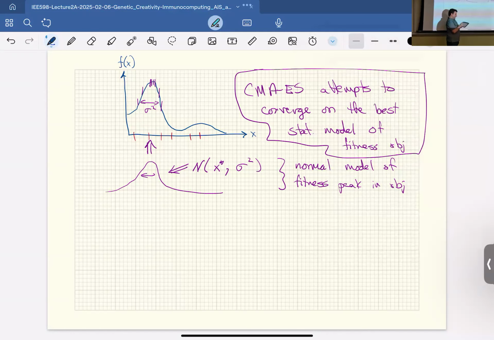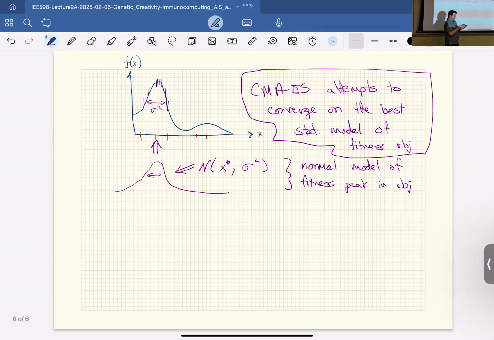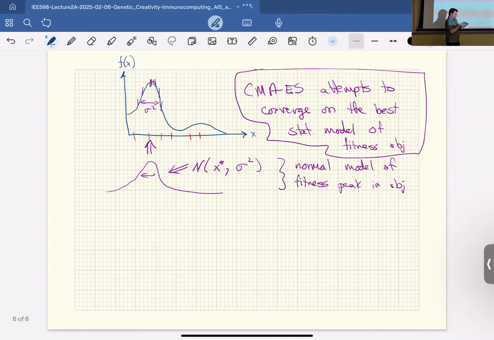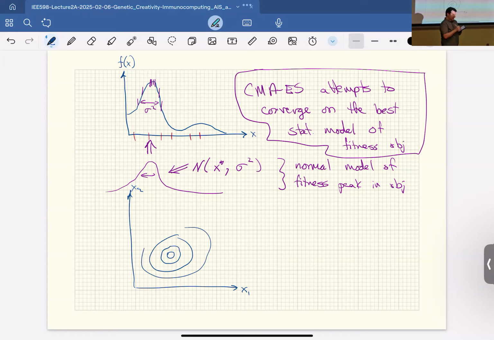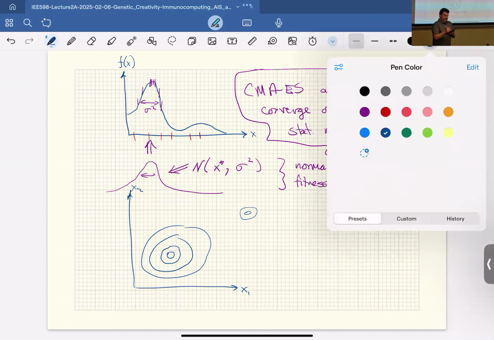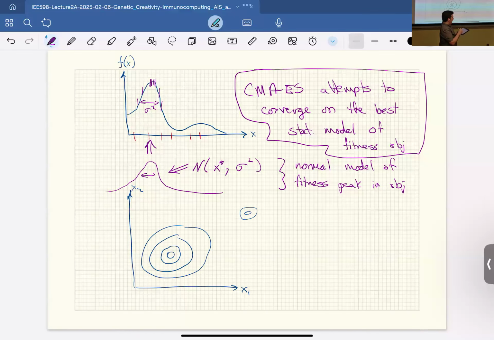So if I were to try to draw this in 2D, which I sort of hesitate to even attempt, but in my head, what I picture is something like you've got your multiple dimensions. So you've got maybe your x1 dimension and your x2 dimension, and your actual fitness objective has got these level sets. So it's like maybe got a peak here, and then it declines over time around it. Maybe it's got a little side peak over here. And so the CMA-ES is going to try to fit a normal distribution kind of on top of this thing.